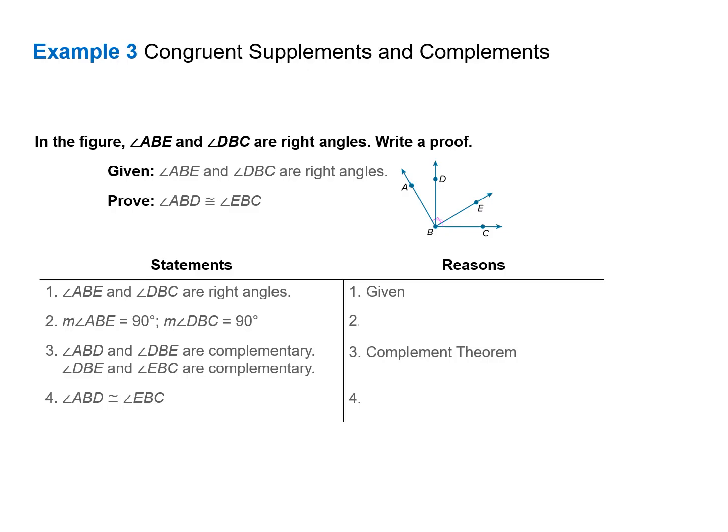Well, how do we know that? How do we know that they are 90 degrees? That's by the definition of right angles, because they told us they were both right angles.